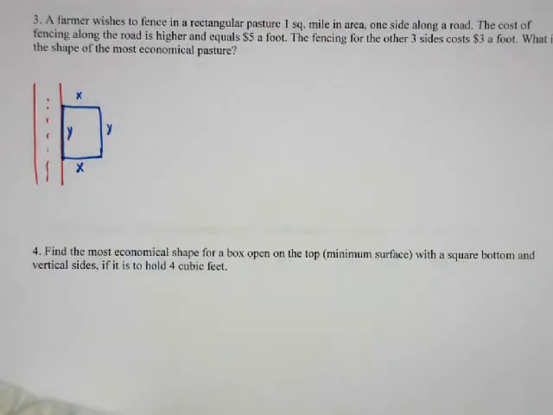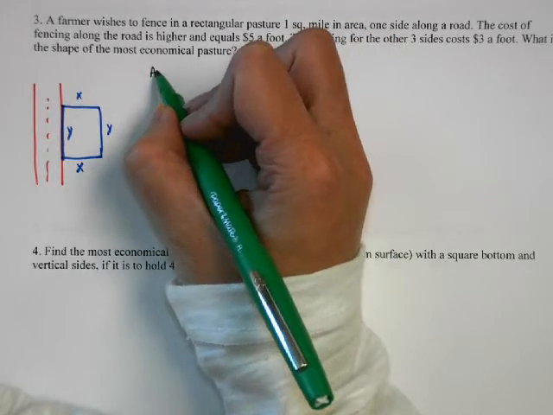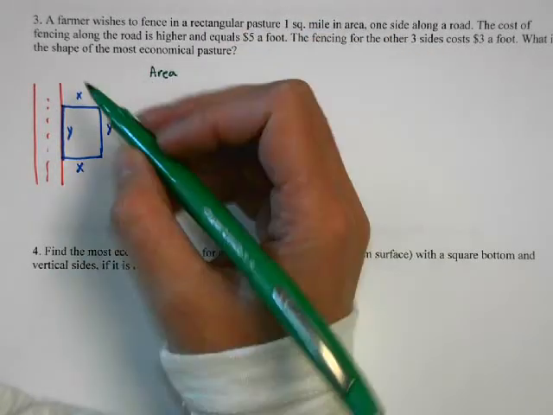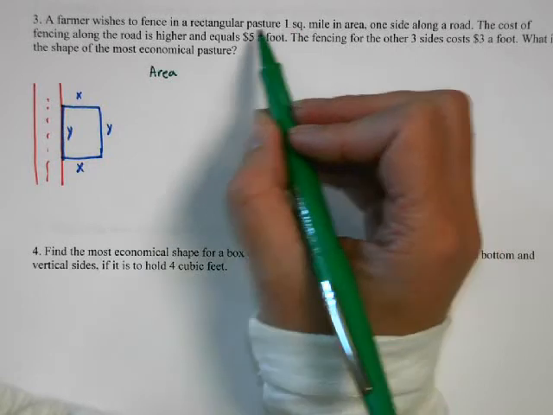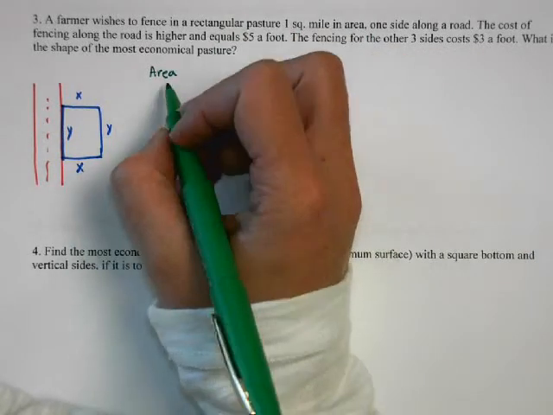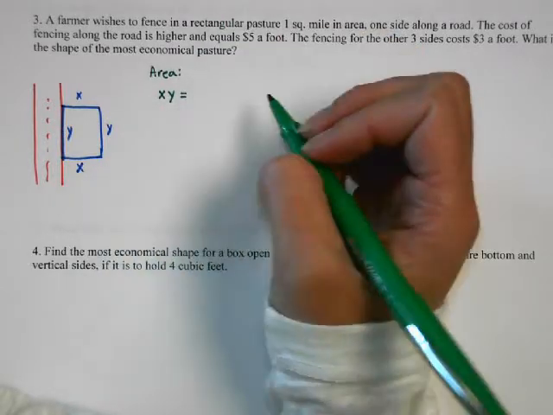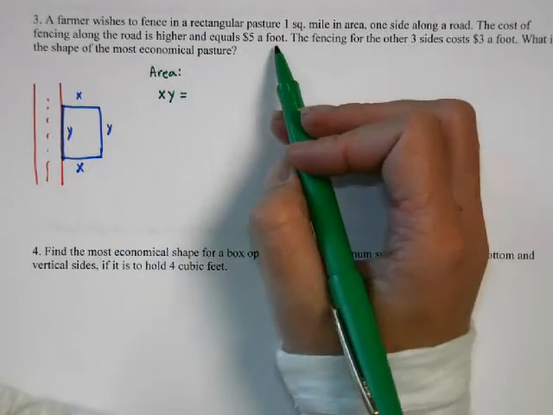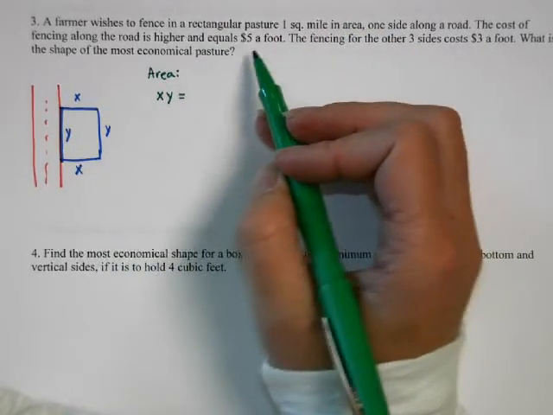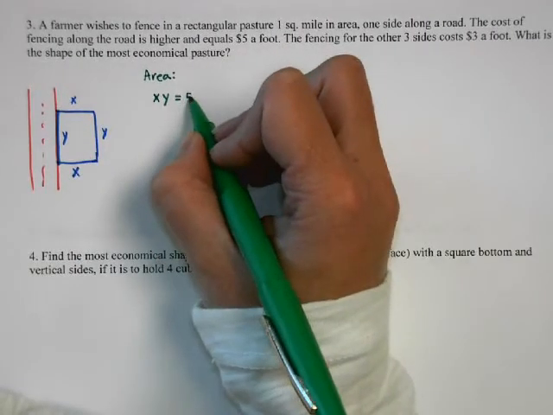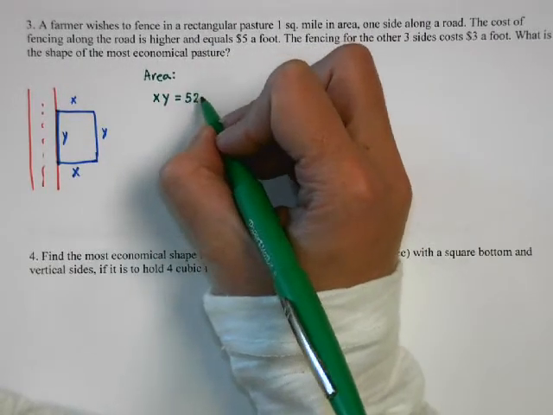So I'm going to start with my known, and again, you can do this either way. I know that the area is 1 square mile, so x times y is going to equal 1 square mile, but my numbers here are in feet, so I need the square mile converted to feet.